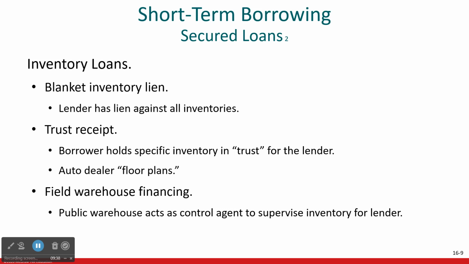We have the trust lease, or trust receipt, and so this is where the retailer holds the inventory, but it's not theirs. They don't own it, and so they're selling it for other people. Could be an example of like consignment, but auto dealers would be an example of this.